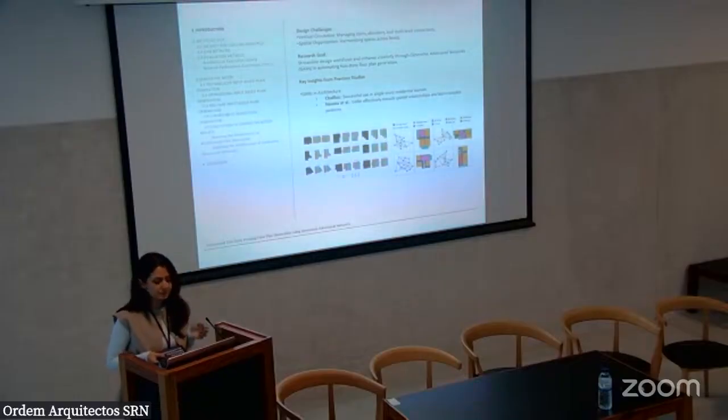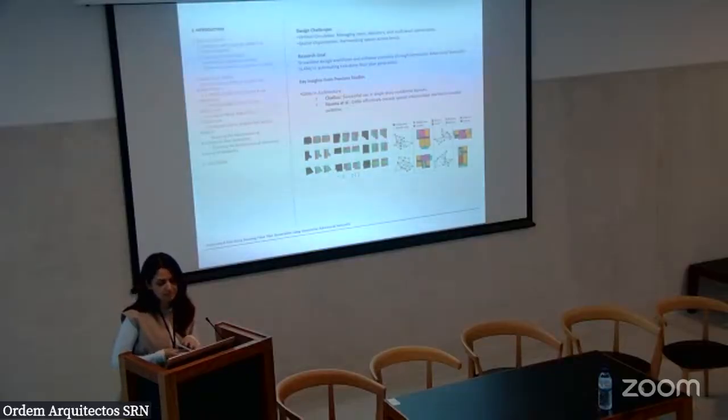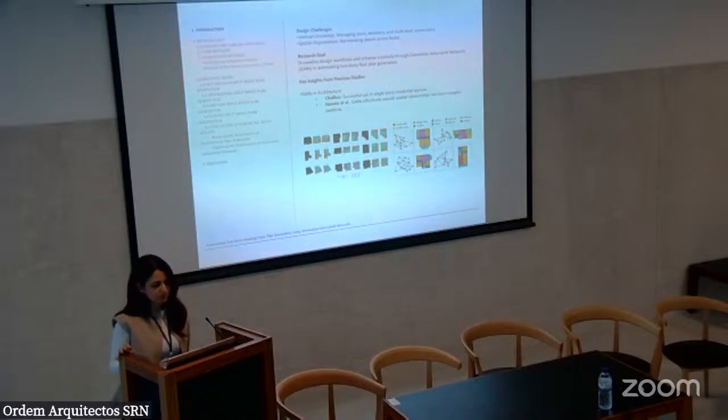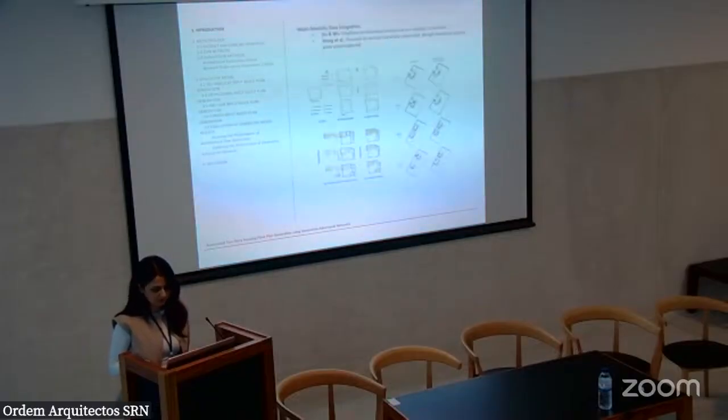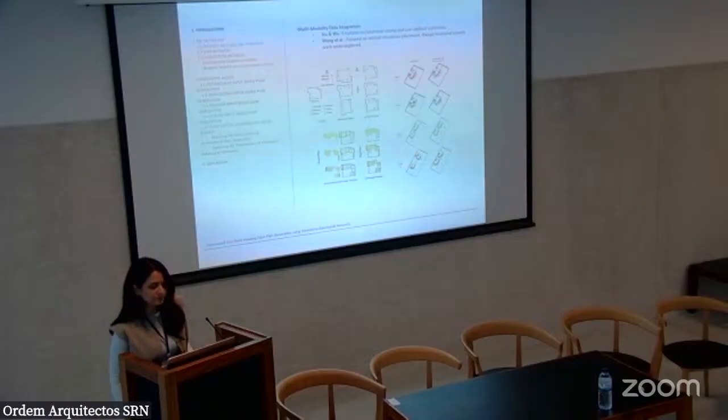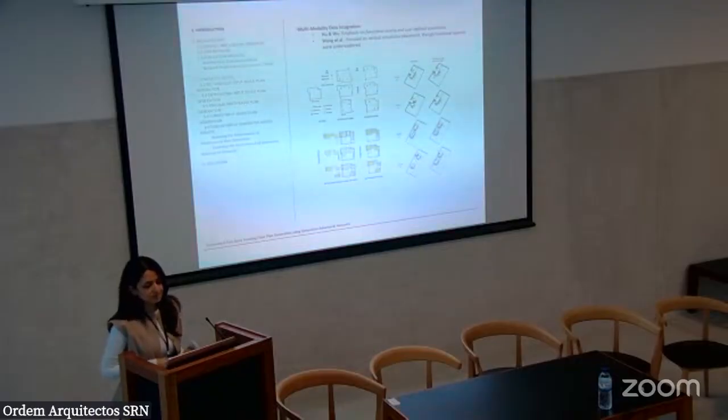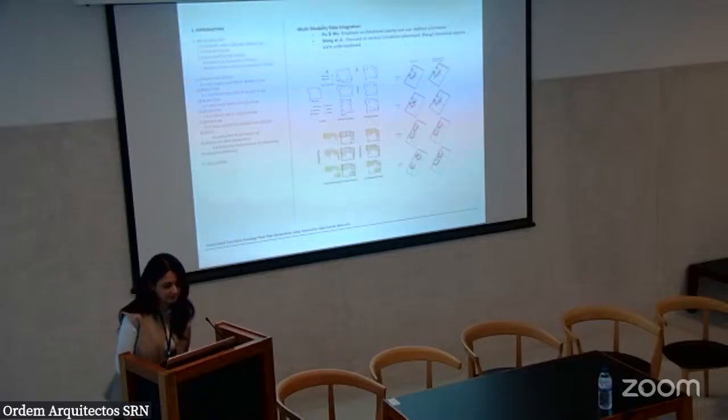There are some examples. One of them is Steinas Kaius. It is a pixel-based generation in single-story residential layouts. And the other one, Nautas, tries to encode the spatial relationships through graphs and learn the complex patterns. And in terms of these space integrations, we need to use some multimodality data.